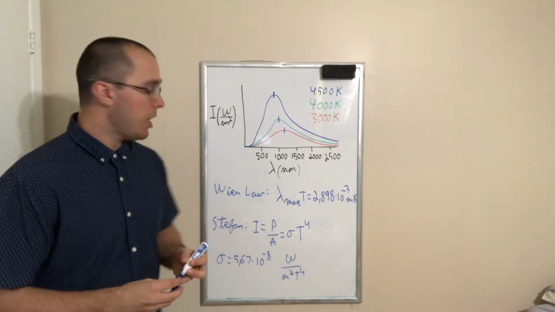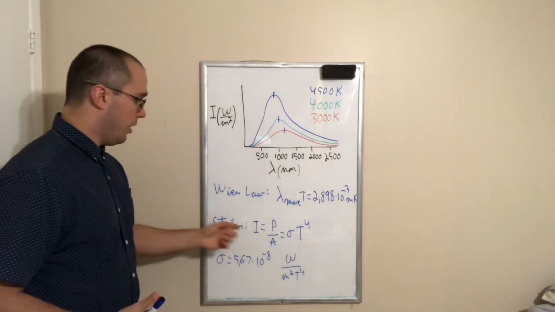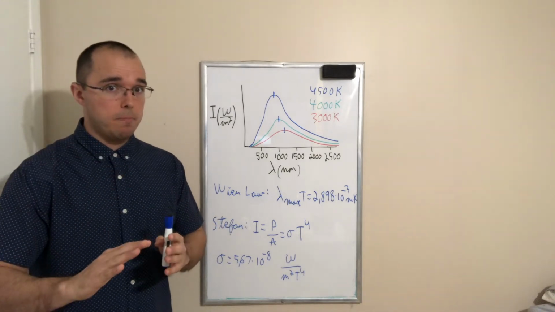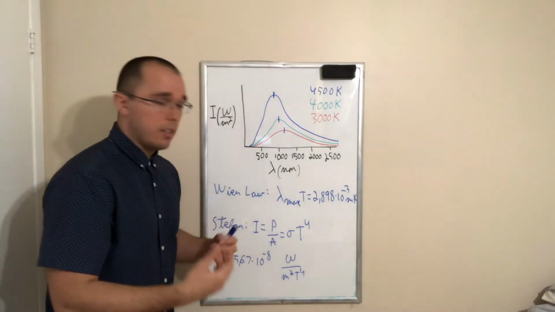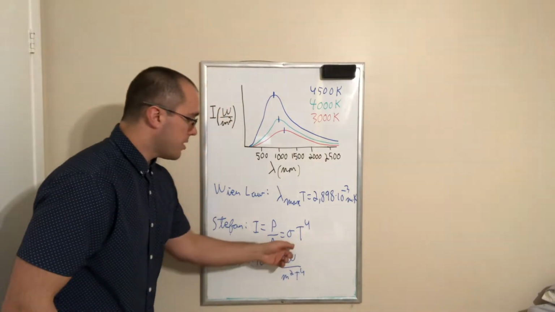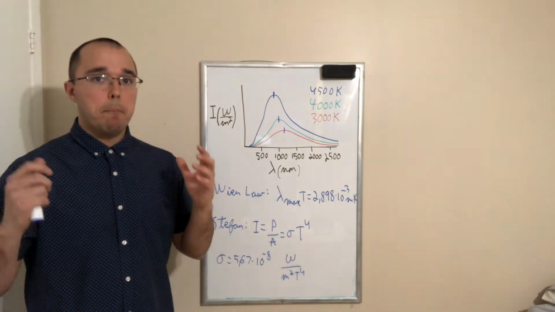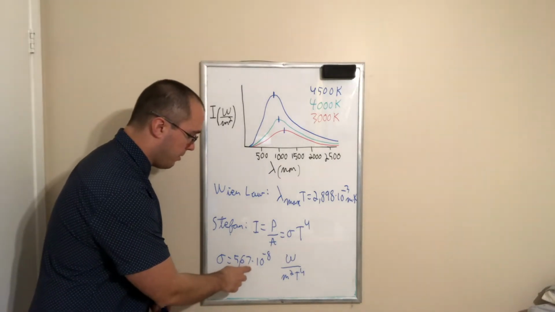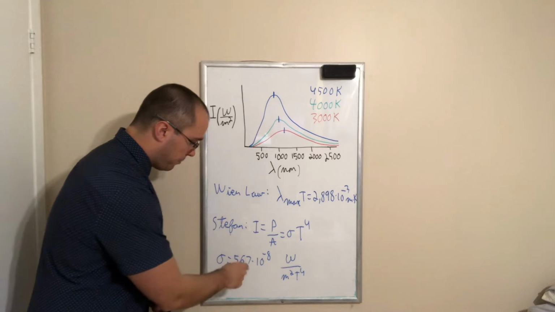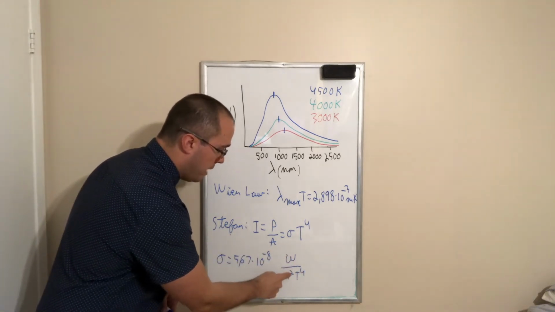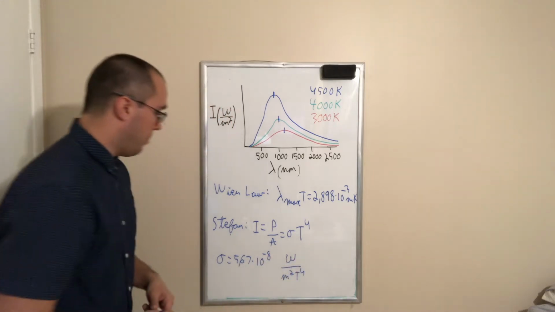All right? The second law is Stefan's law, which links the intensity, or the power per unit area, to a constant multiplied by the temperature to the power 4. The constant over here is called the Stefan-Boltzmann constant, and it's equal to 5.67 multiplied by 10 to the power minus 8 watt divided by meter square multiplied by the temperature to the power 4.